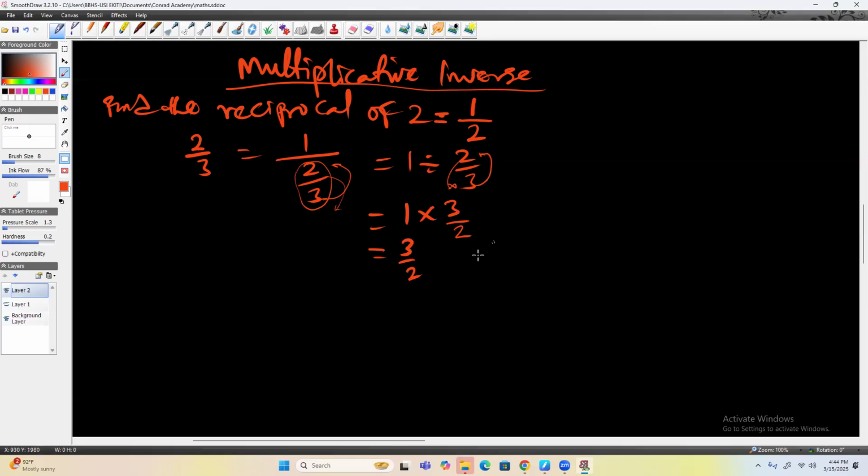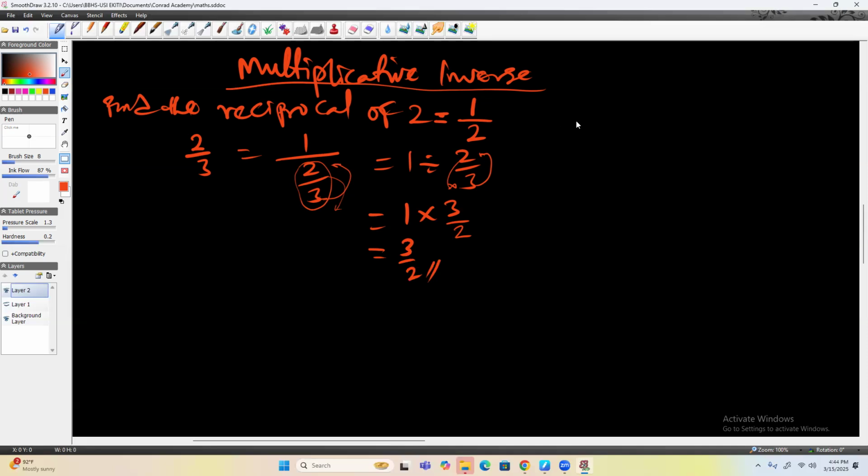Now, why do we need this? There are situations where you would be solving and you need to cancel out something, so you always need the multiplicative inverse. One thing you should note is that anytime you multiply the multiplicative inverse by that same number, it will give you 1 always.